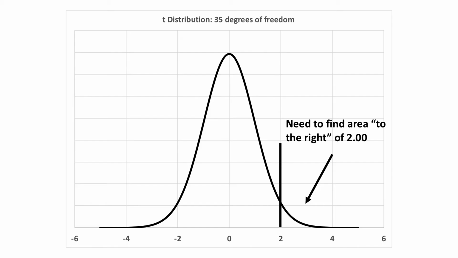To calculate the p-value, we have to start by finding the area of the t-distribution that's to the right of a t-value of 2.0 in a distribution with 35 degrees of freedom. So I sketched out a t-distribution with 35 degrees of freedom, and you can see a line that corresponds with t equals 2. So we're trying to find the area under the curve to the right of that line.